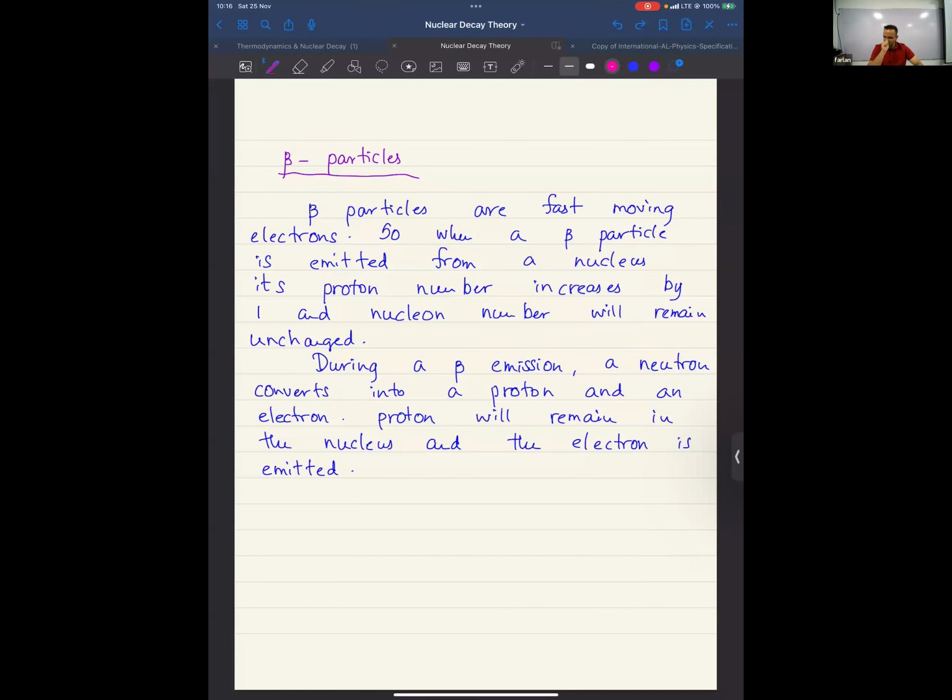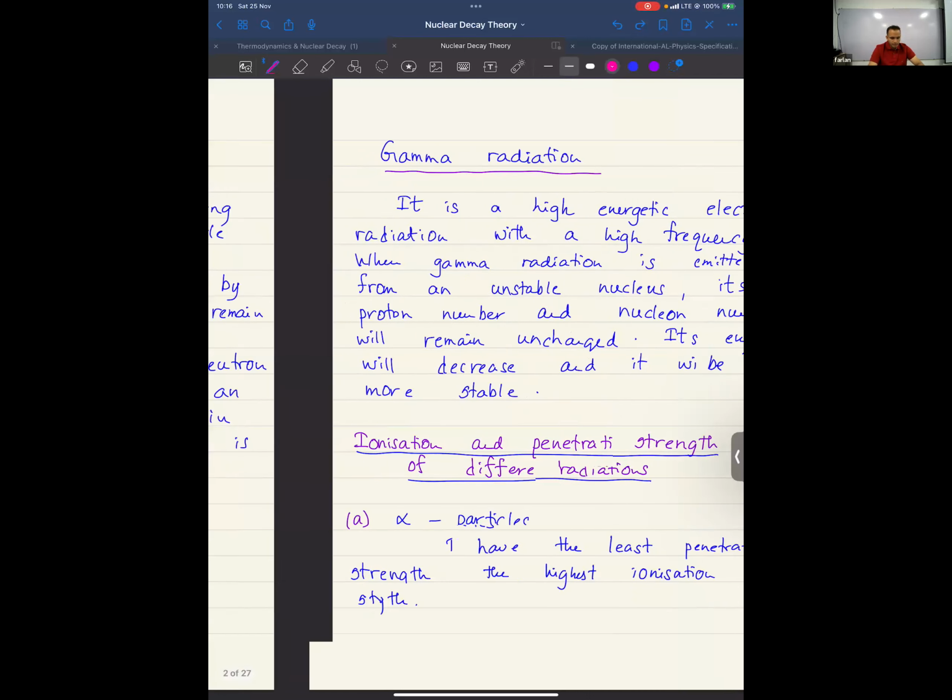Full stop. Proton will remain in the nucleus. And the electron is emitted.